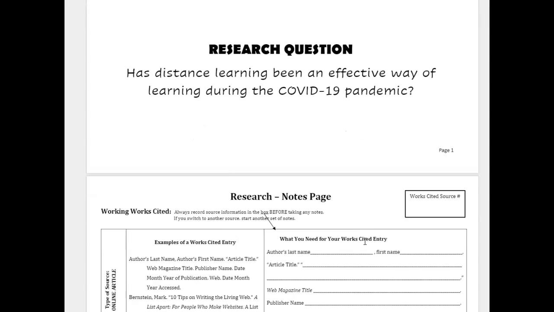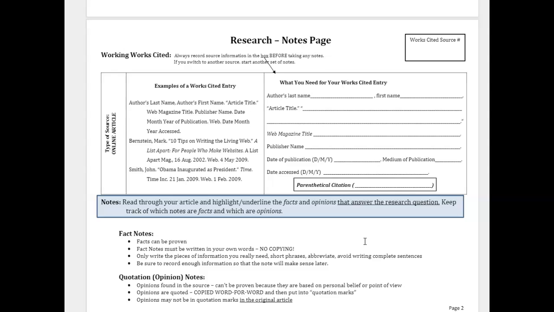Let's scroll to page number 2 in the white packet. Now, this has a lot of information on it, so we're going to look at it one piece at a time. The first thing we're going to look at is this box over here.